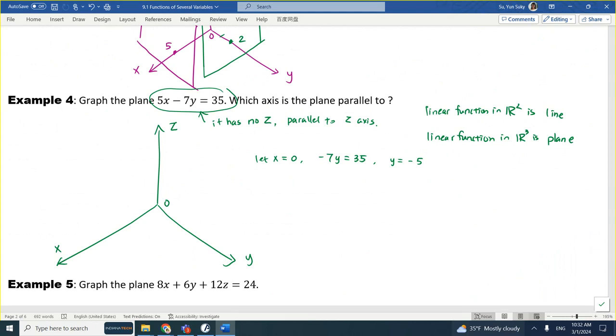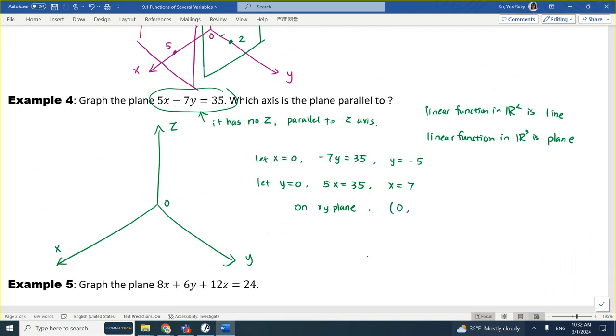And then if we let y equal 0, we get 5x equals 35. X is 7.